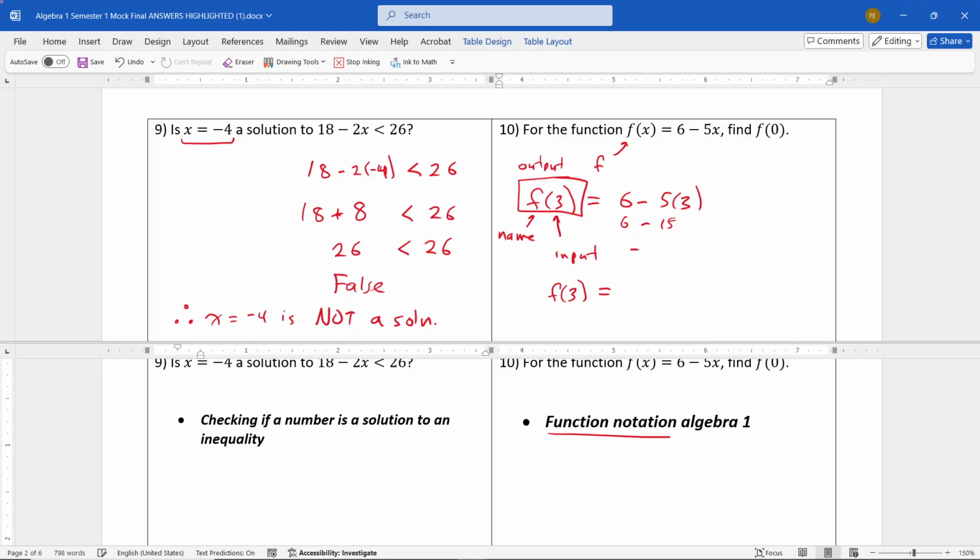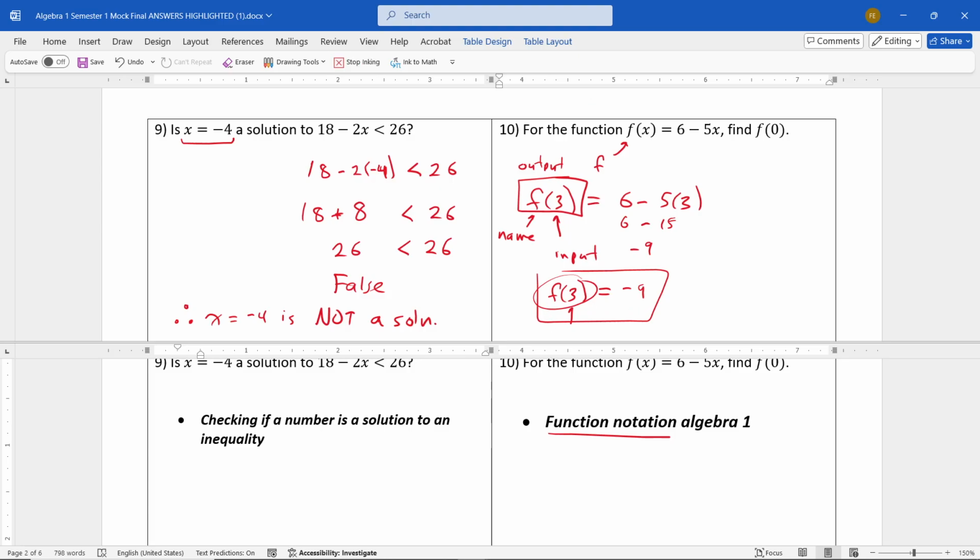That is negative 9. So if I input 3, I get an output of -9. And you would read this as f of 3 is -9, and it means if you input 3 to the equation f, you get -9 as the answer. So this whole thing, f of 3, that's the answer of -9 when you plug in 3.